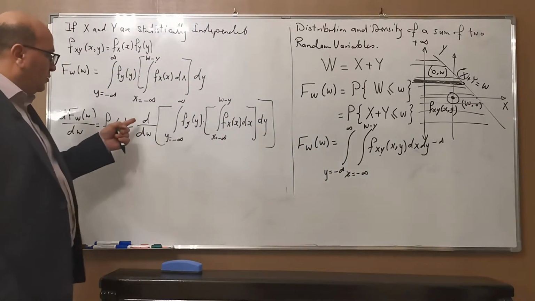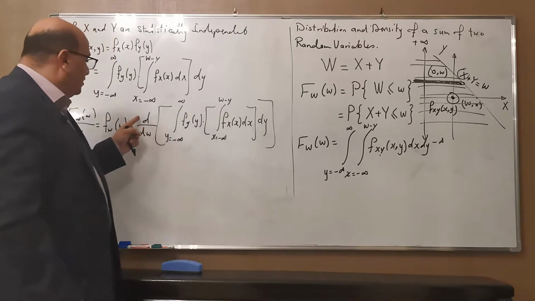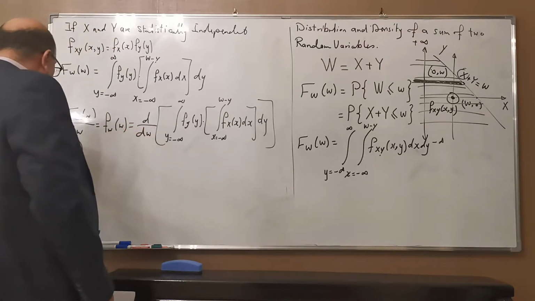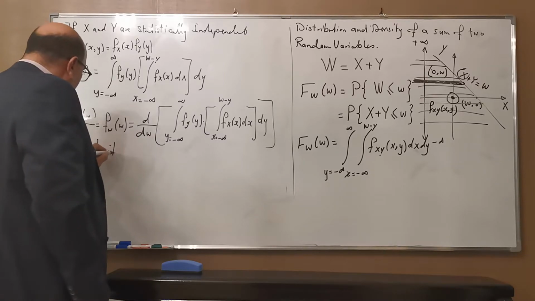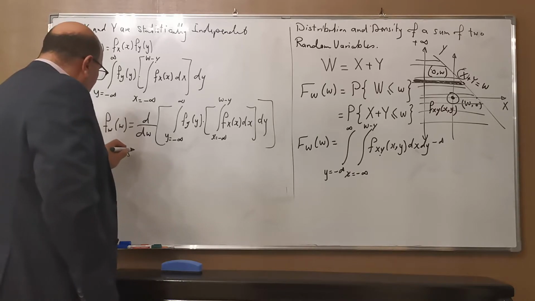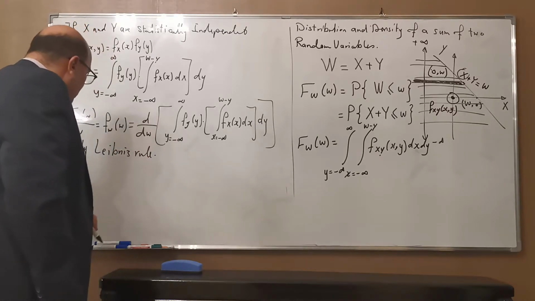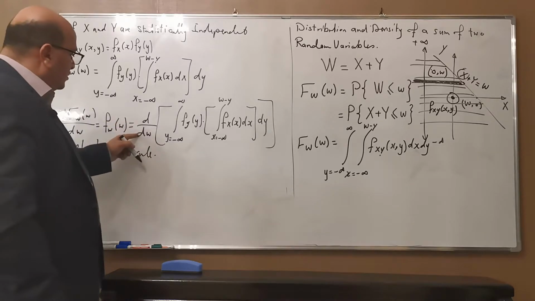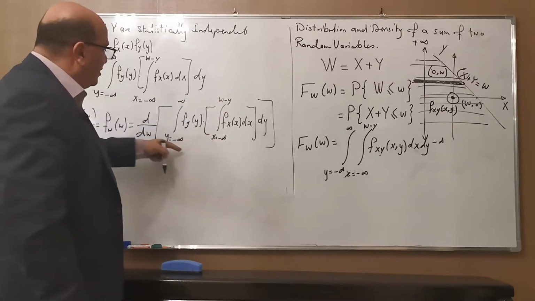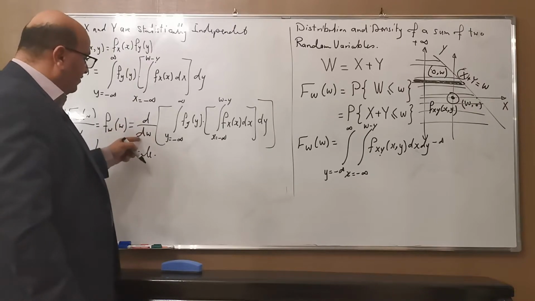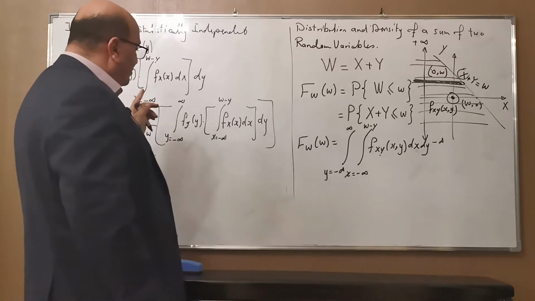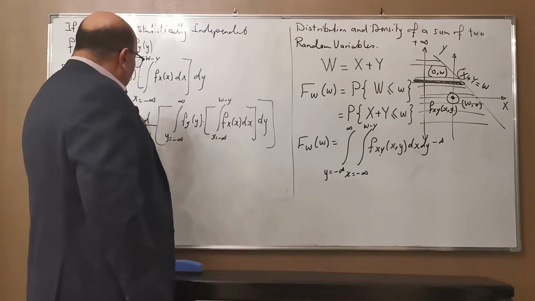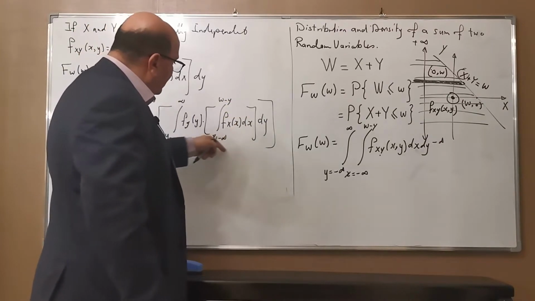What we will do here is apply the Leibniz rule. Let the derivative go to the outer integration. The upper limit is constant, the lower limit is constant, so the third term is the only term. It goes to the inner integration.